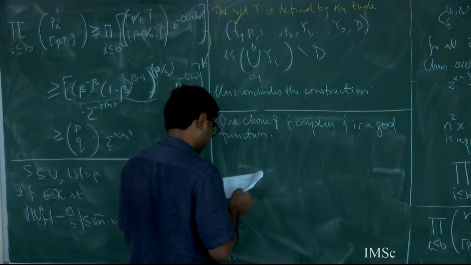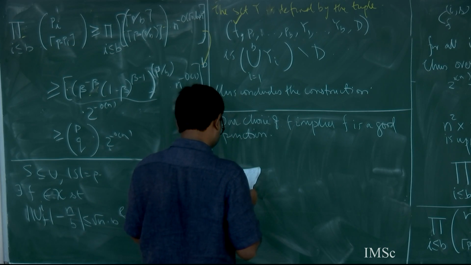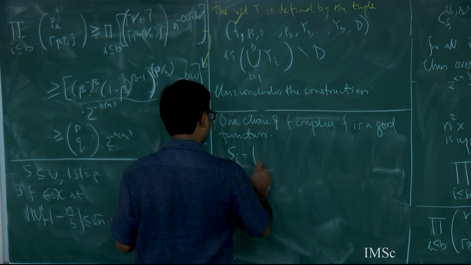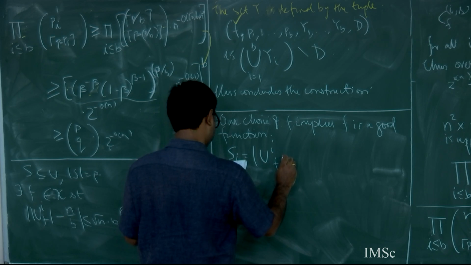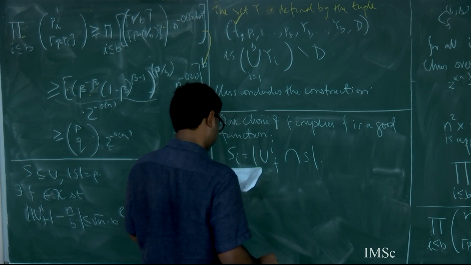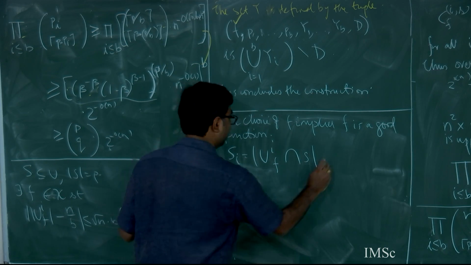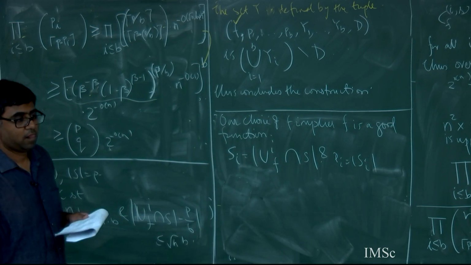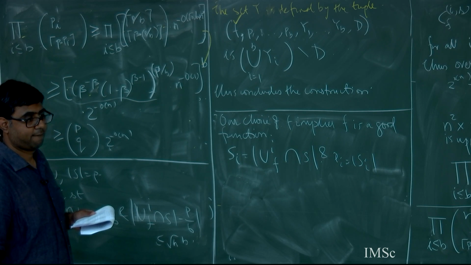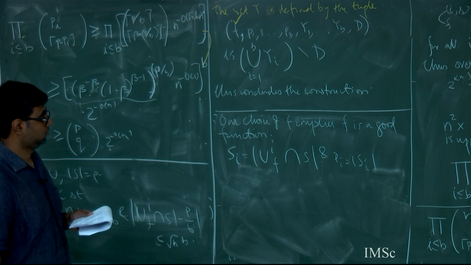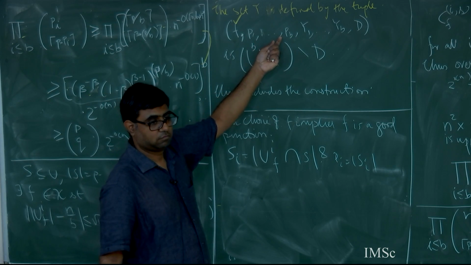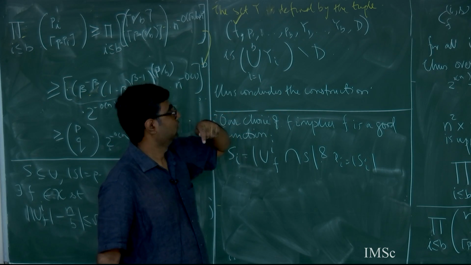Now what I'm going to say: Si is going to be ui f intersection Si, and Pi equal to Si. This is also part of this here, because I went through all the tuples, right?